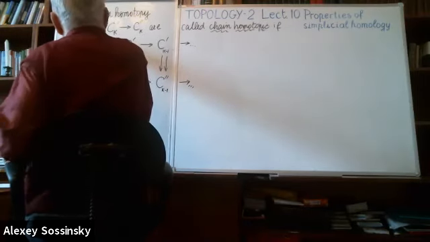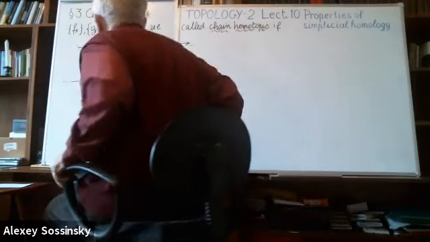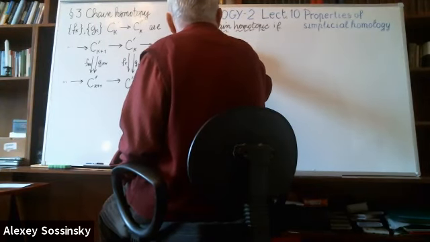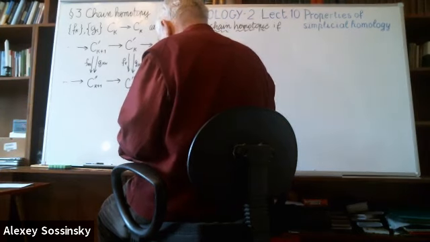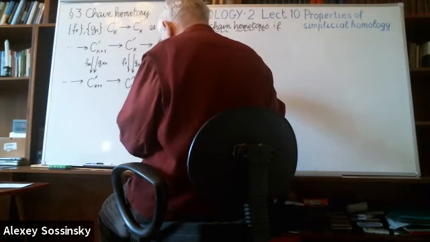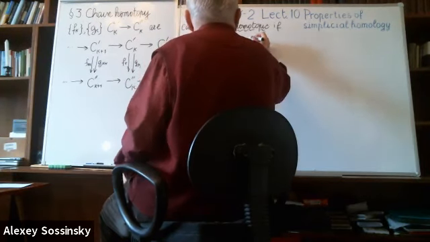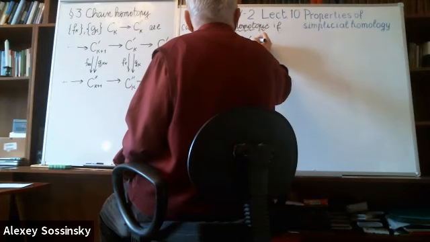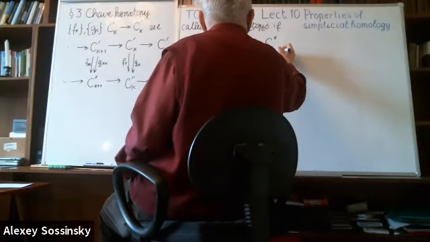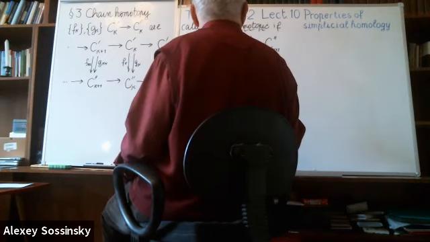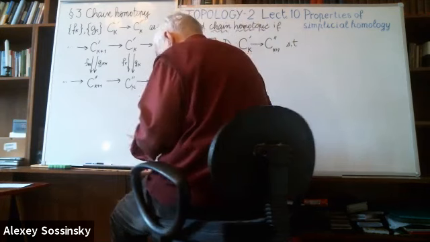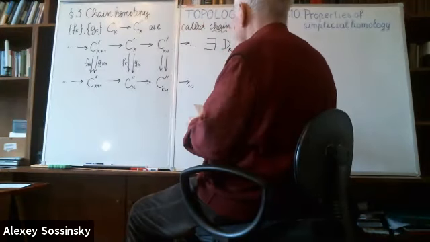So these two maps of chain complexes are called chain homotopic if there exists a sequence of homomorphisms D_k of C'_k to C''_{k+1}, such that we have the following equation.